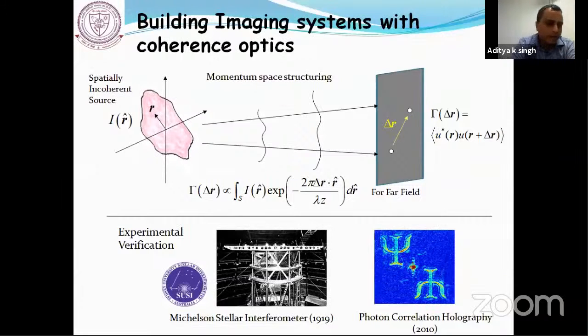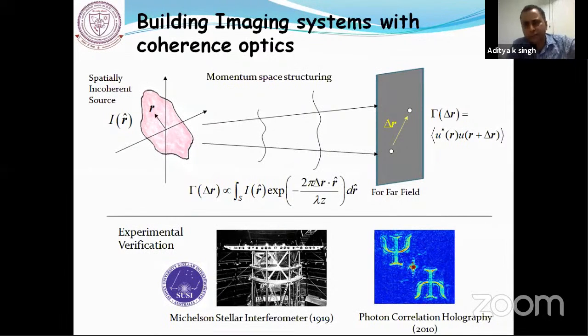Now, when we try to understand the imaging system with correlation optics, one of the very important relations is the Van Cittert-Zernike theorem, which connects your incoherent source with the far-field correlation function. A temporal counterpart of the Van Cittert-Zernike theorem is also possible, but here in my talk I'm discussing only spatial coherence.